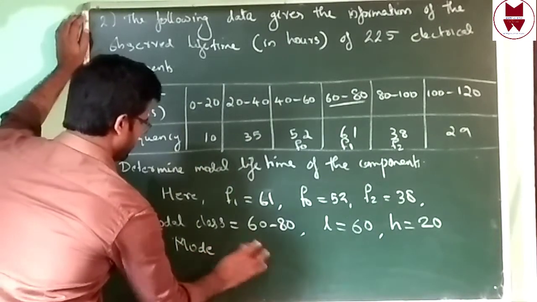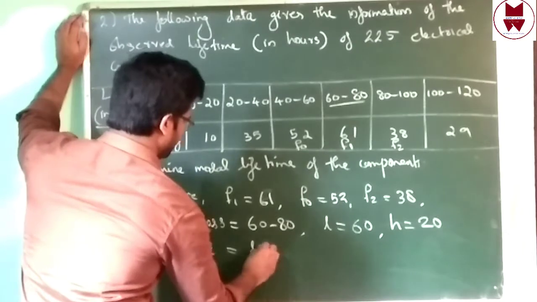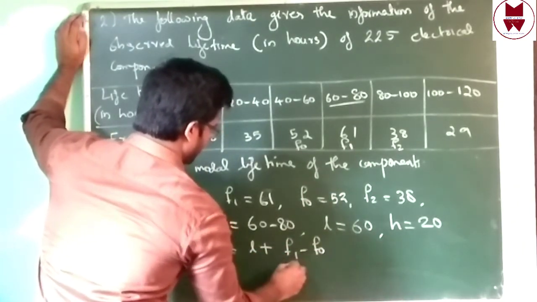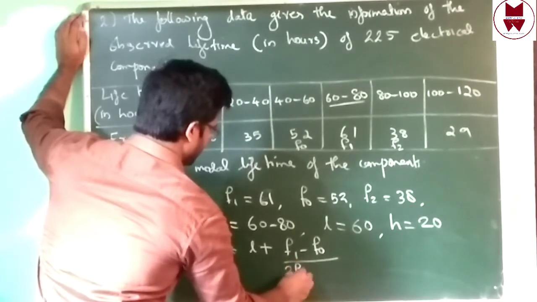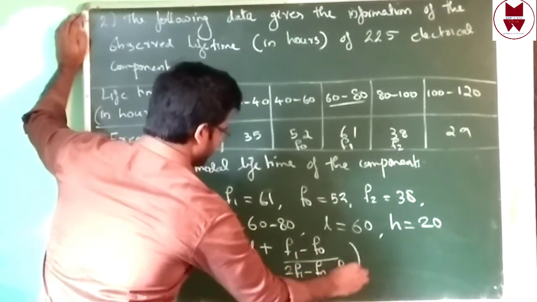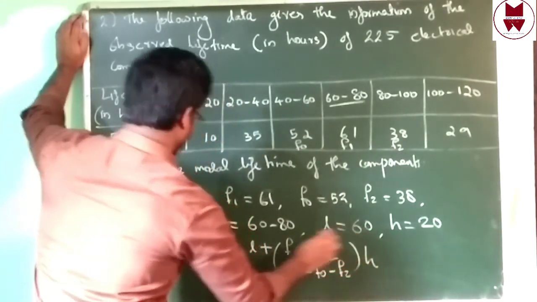Mode equal to L plus (F1 minus F0) divided by (2 into F1 minus F0 minus F2) into h.